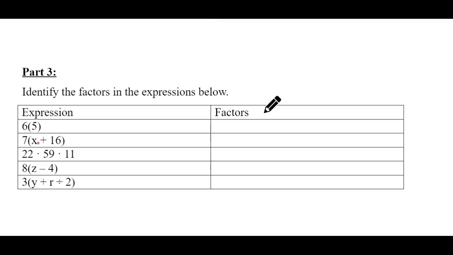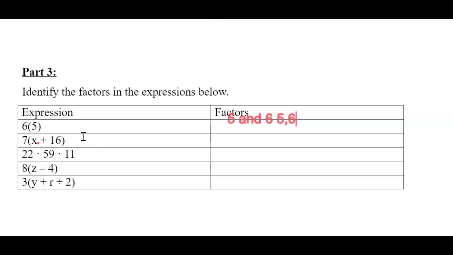Factors are numbers that you multiply. So we have a 6 times a 5, so our factors would be 5 and 6. How you would enter this in MathXL, you would put in 5, 6. You just write the factors and separate them by a comma.